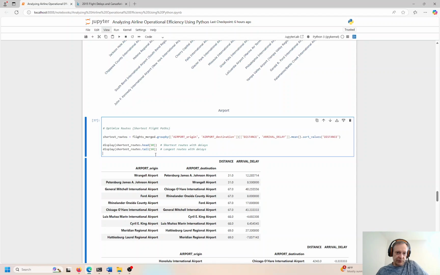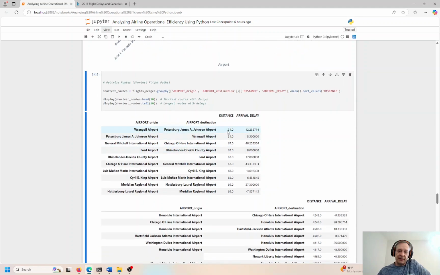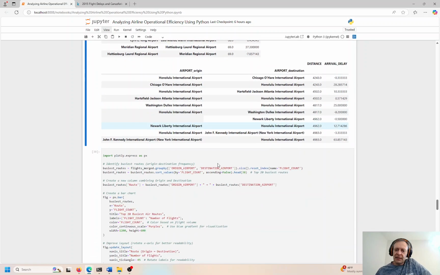Then we have optimized shortest flight paths. Okay, so refresh that. The shorter the flight, the fewer the delays. This is only 31 miles, Wrangell Airport to St. Petersburg. So these are pretty short flights, and by the way, if it's a short flight, there are very few delays, right? Because you're not going very far. If you have a flight that's thousands of miles, like you see down here at the bottom, then there tends to be more delays.